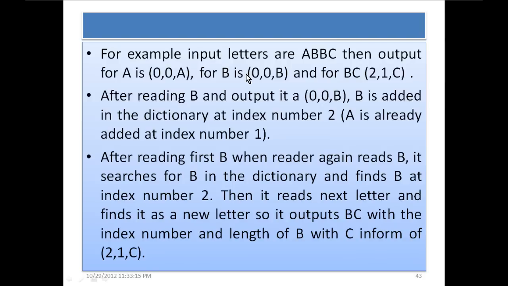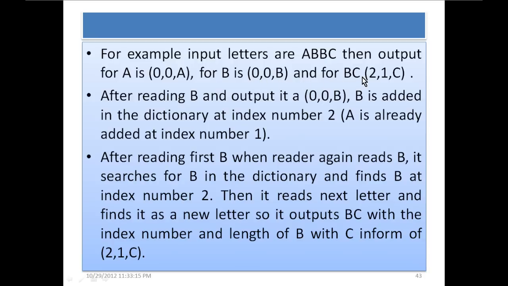Now for B, it is again 0, 0 because this B is also a new letter. Although there is a letter A, it has no combination with this B. So this B by itself is a new letter for the encoder, so it simply assigns it 0, 0 again and then writes B.